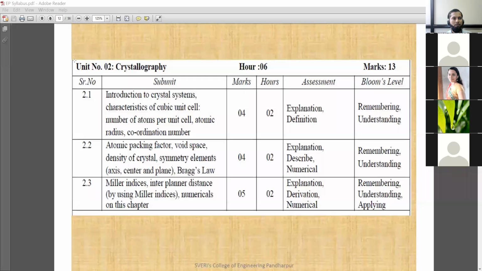And if the notebook is there, if you have written the first one, then write the second, that is Unit number 2, Crystallography, weightage is 13, and you start writing these points. I hope everyone is ready with the notebook. Is it right? Yes, sir. Okay. So I will give you 3 to 5 minutes. You have to just write these things.